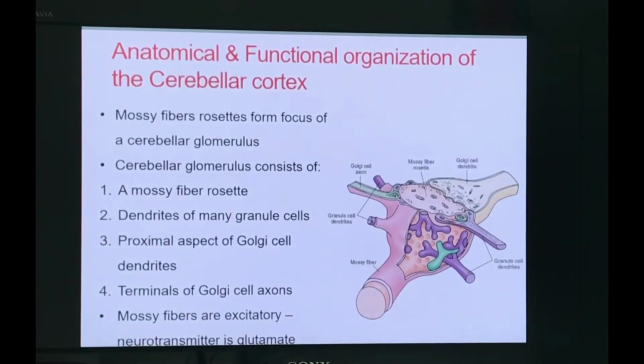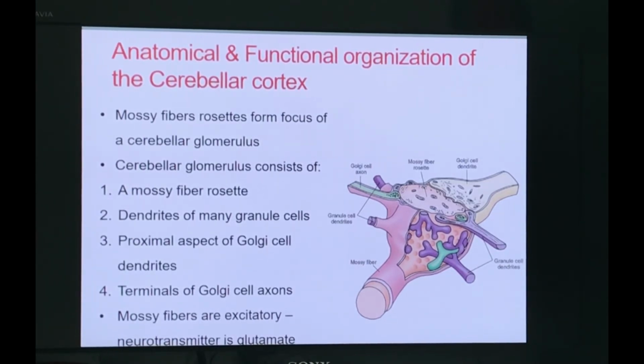Here you can see the anatomical and functional organization of the cerebellar cortex, which I have already dealt with in my first video, that is the microarchitecture, the histology of the cerebellum. Mainly the functional organization is seen in the granular layer, where you can see the formation of the glomerulus, which mainly has a mossy fiber rosette that forms the focus of the cerebellar glomerulus, and along with the mossy fiber rosette, it has dendrites of many granule cells.